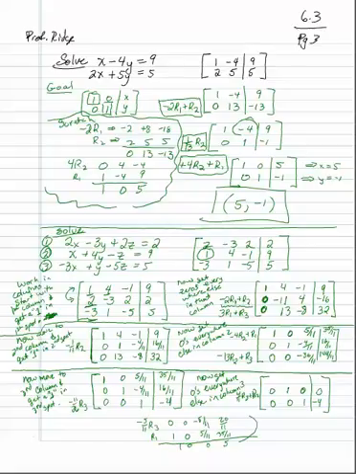I'm going to put the result for row 1: 1, 0, 0, 5. And you can see x equals 5, y equals 0, z equals 4. Okay, so that's the solution to my system. And that's using the Gauss-Jordan method.